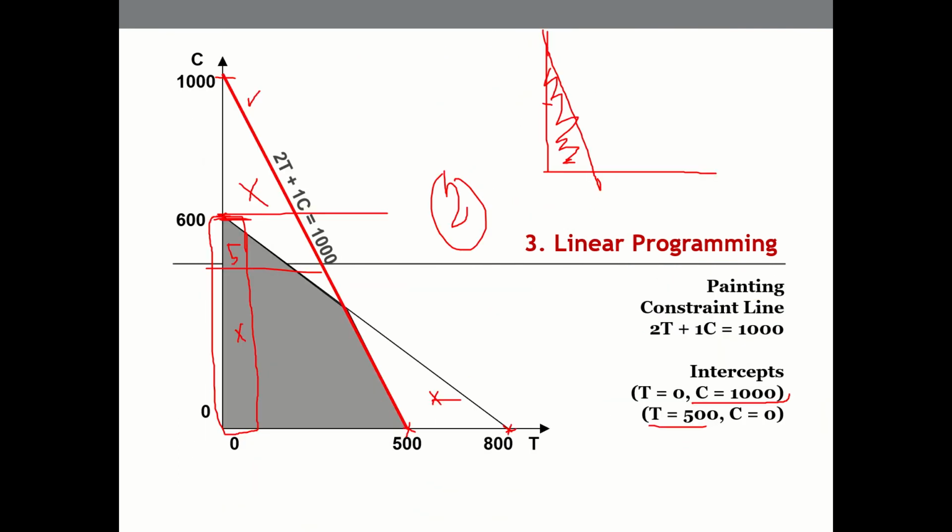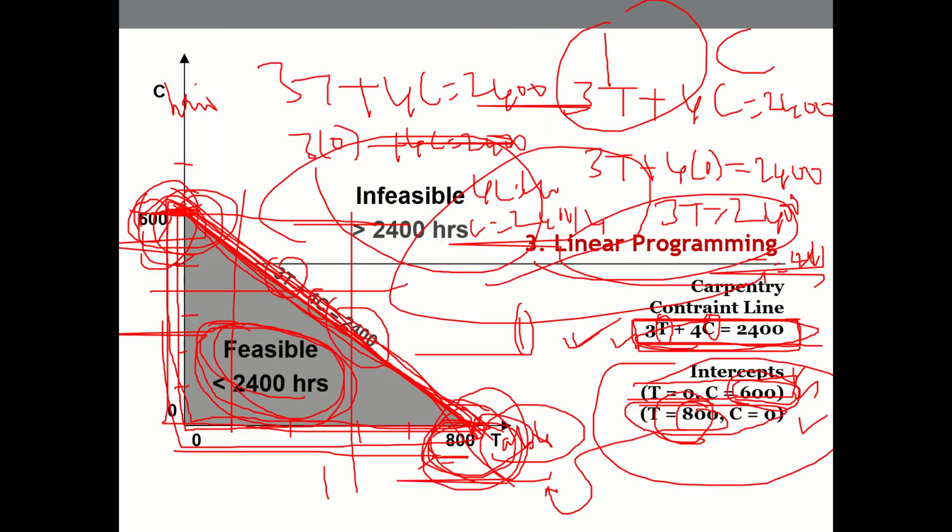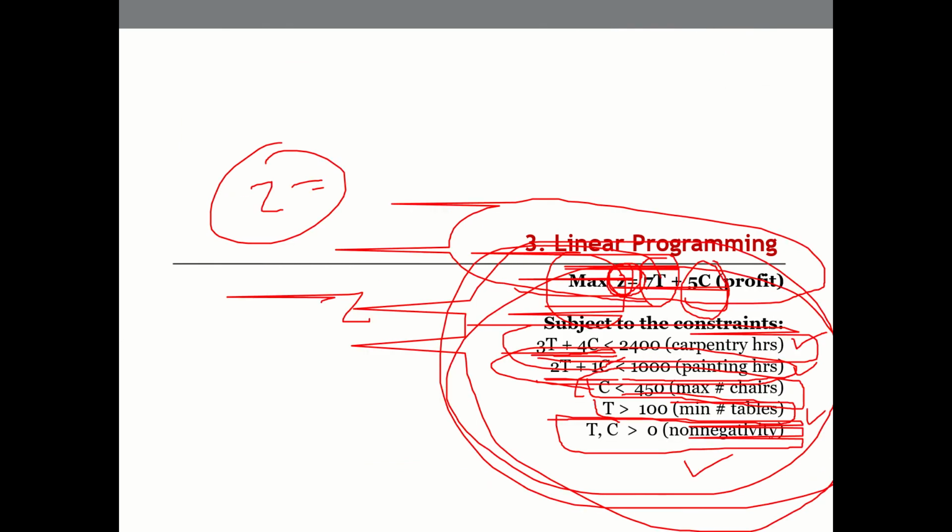Sir, is there any way that we can find the two variables by using the two equations we have, like 2400 and 1000? Is there any way that we can use those two linear equations to find the two variables? Two variables in the sense, I did not get. So chair and table, if we consider those two variables, we have two linear equations of painting and carpentry. Can we find out the optimal values from those linear equations?